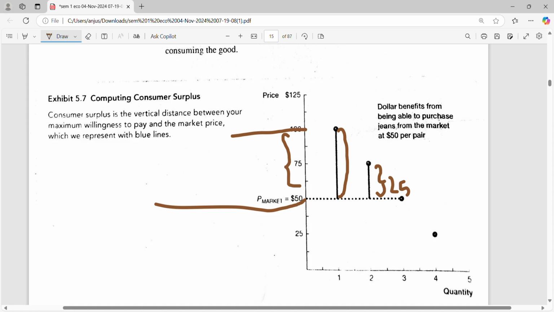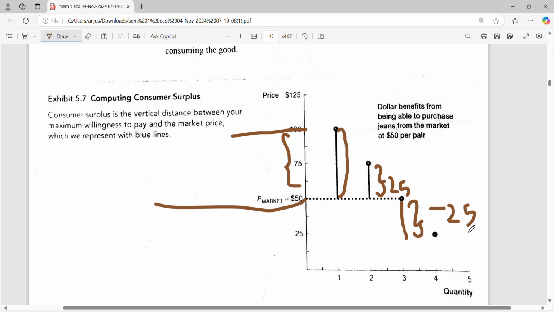Market forces cause change in consumer surplus but do not typically change satisfaction from actual consumption. So here what will be the consumer surplus? It will be minus 25.